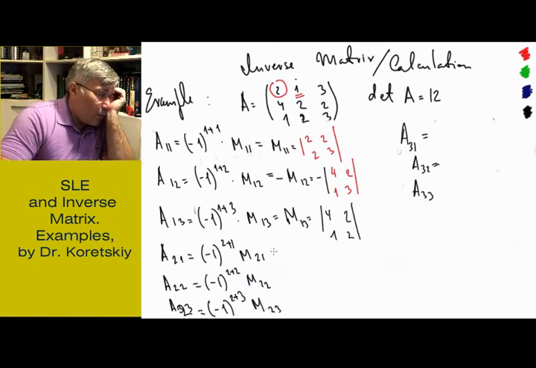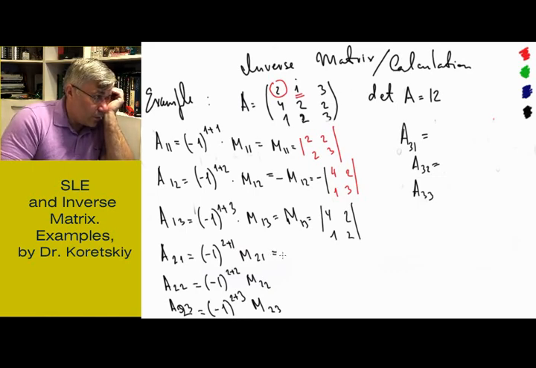If you don't mind, I want to use here green ink, A21. The second row and first column, it is 4, so the rest part of matrix, it is 1 3 2 3.